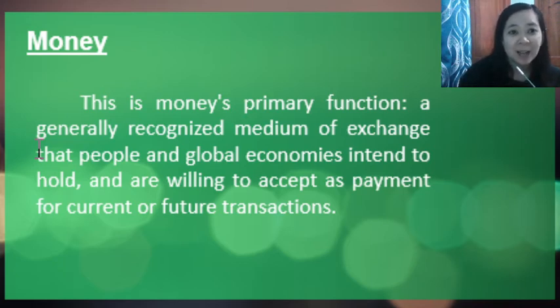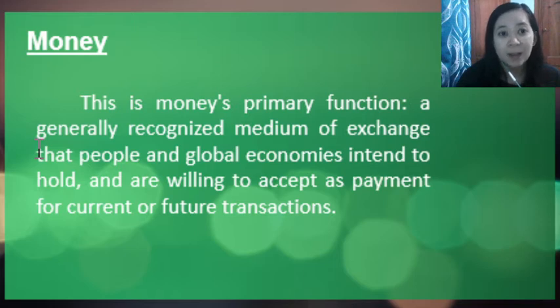This is money's primary function: a generally recognized medium of exchange, which people and global economies intend to hold and are willing to accept for payment for current or future transactions.